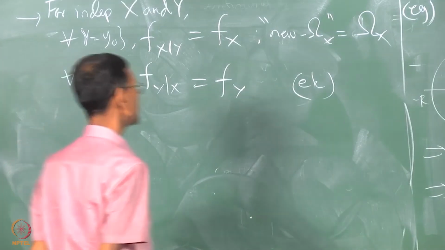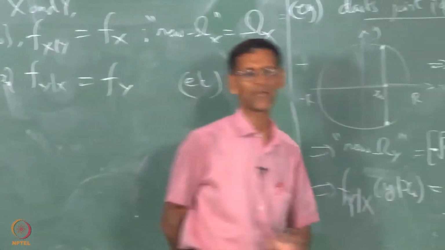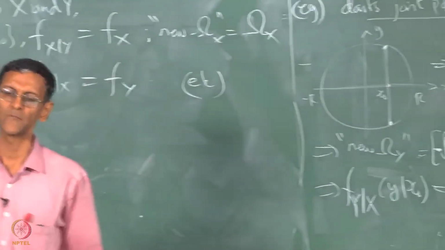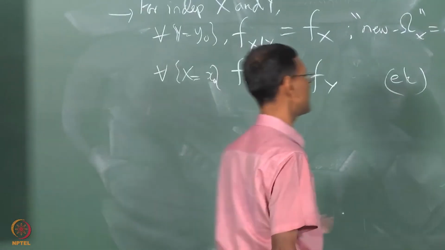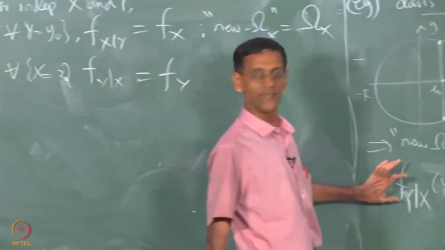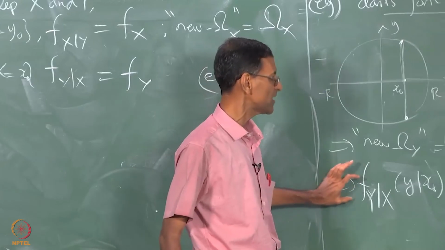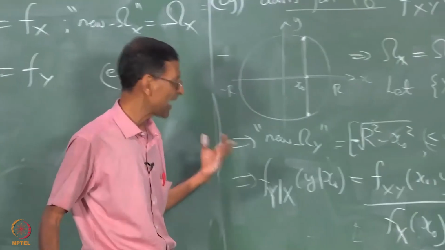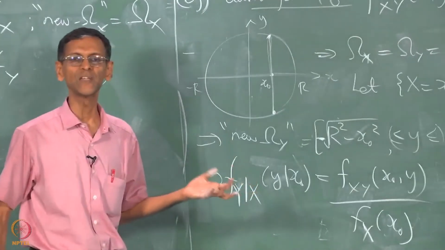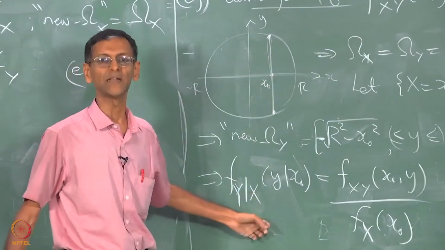What else can we do with these conditional PDFs? As we said some time back, they are very useful in defining conditional expectations, but that is jumping the gun at this point. What we can do is evaluate probabilities. For example, if you say x equal to x naught, what is the probability that y is between this and this? You can get that by integrating this.